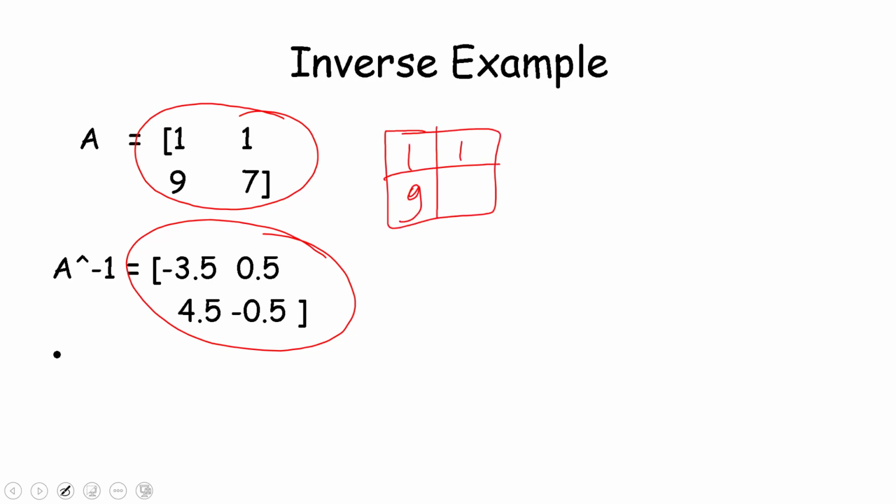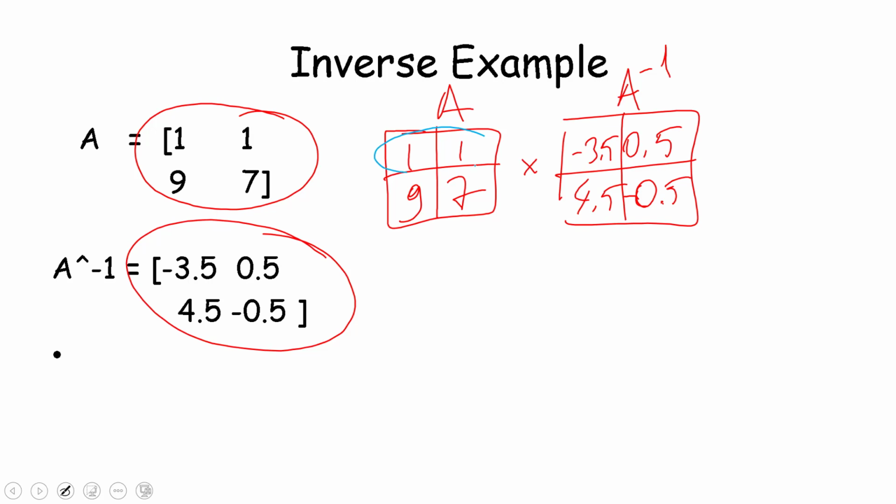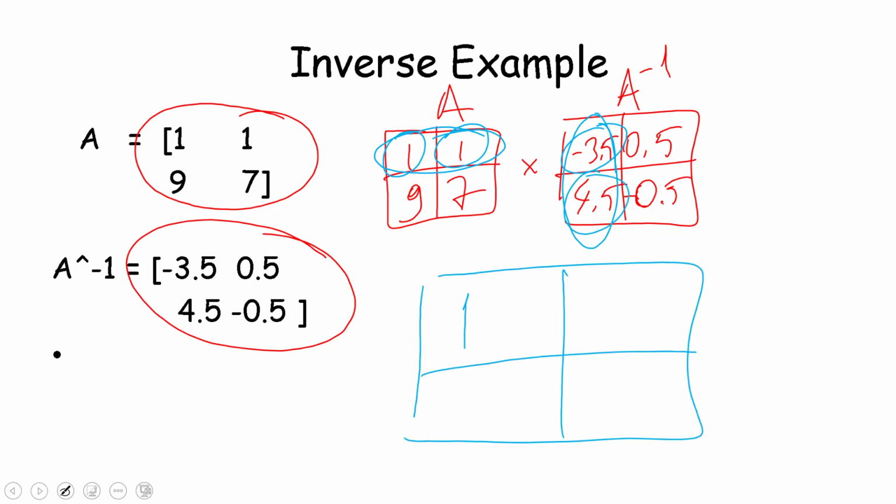This is matrix A, and we're going to multiply it with the matrix inverse of A. To multiply these two matrices, we take the first row of A and the first column of the other matrix and multiply those together, and we get minus 3.5 plus 4.5, which gives us 1. To get the next element, we take the first row again and now multiply it with the second column of the other matrix, and we get 0.5 minus 0.5, which gives us 0.